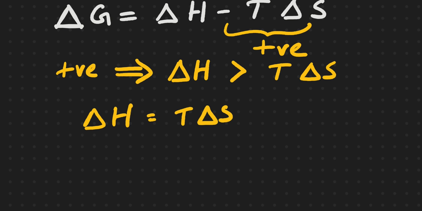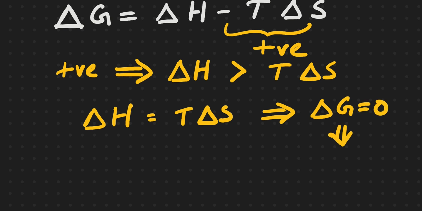Delta H minus T delta S, here delta G becomes 0, or a state of equilibrium is attained. Okay, equilibrium is attained. So I hope you understood this.